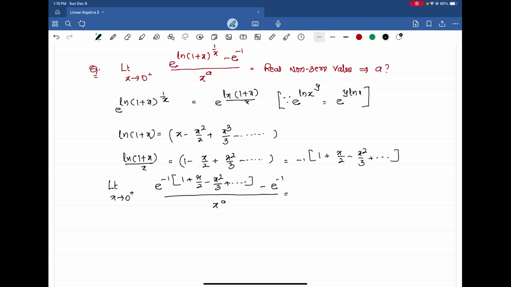Then this will be e to the power of minus 1 into 1, which is e to the power of minus 1. Understood? Then this e to the power of minus 1 can be taken as common, and this will be e to the power of (x by 2 minus x square by 3 plus so and so) minus 1, whole divided by x to the power of a.